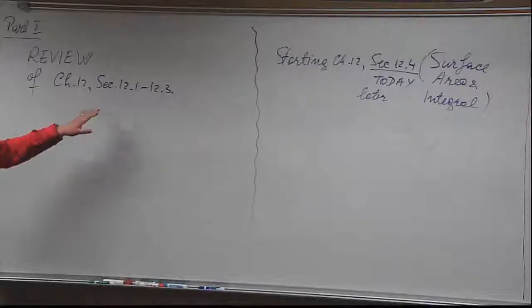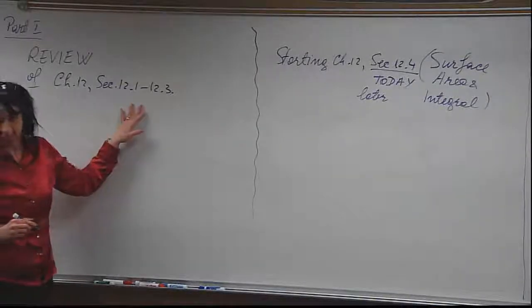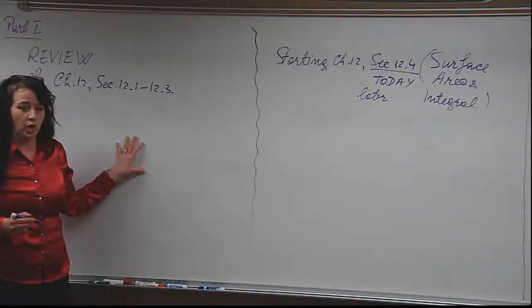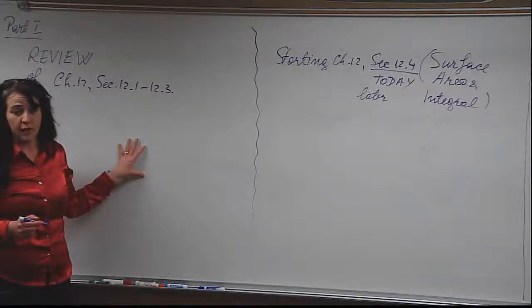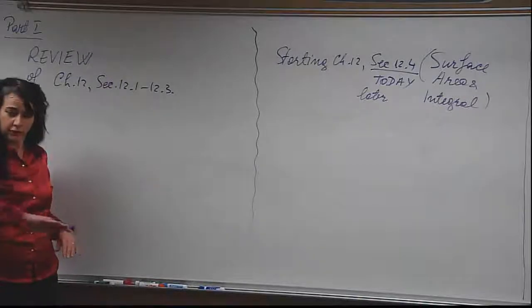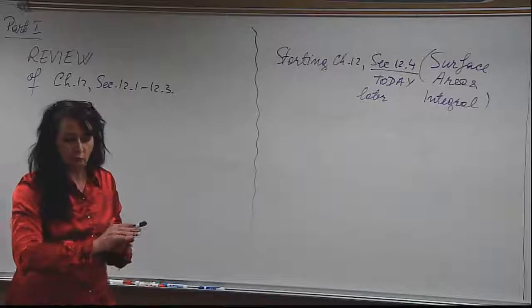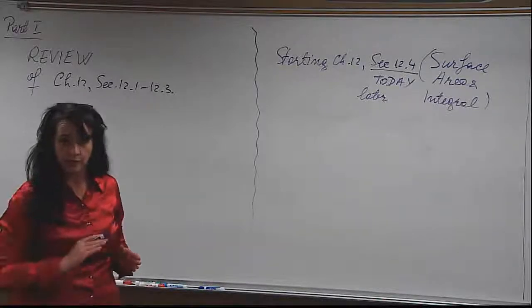All right, what have you seen in 12.1 to 12.3? Let's review quickly what you've learned. You've learned how to interpret an integral of a positive function that is smooth, well, we said continuous, that would be enough, over a rectangular region.